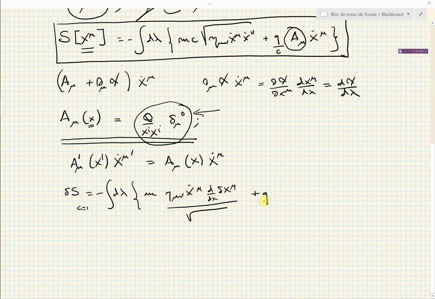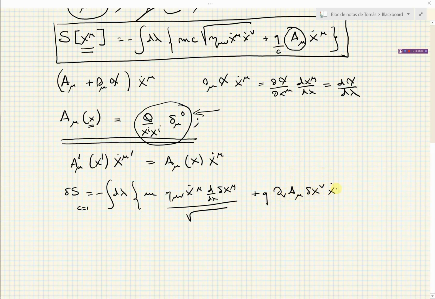So we will have q, and now A mu changes because it depends on the x's. So we just apply the chain rule. We will have partial nu A mu, and then delta x nu.